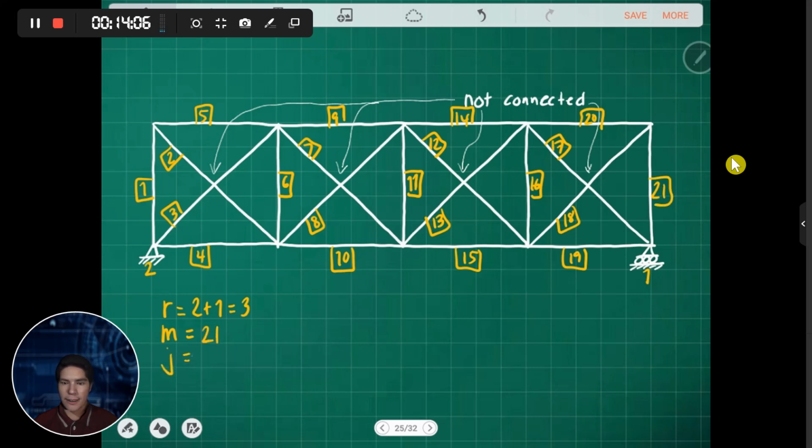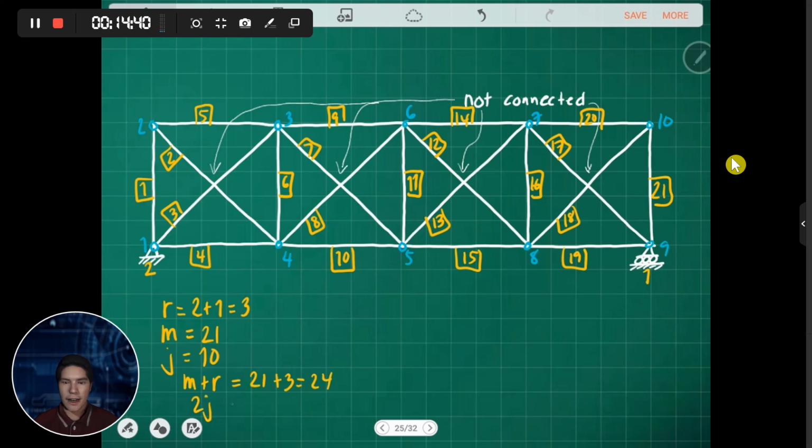Number of joints. We have 1, 2, 3, 4, 5, 6, 7, 8, 9, and 10. So we have 10 joints. So m plus r, we have 21 plus 3, so therefore we have 24.